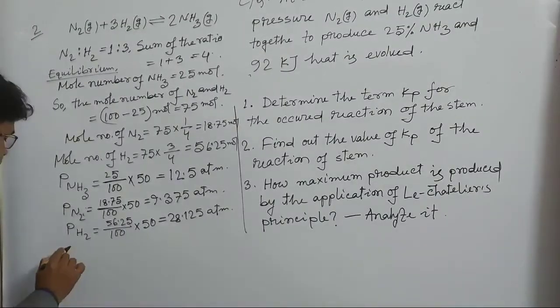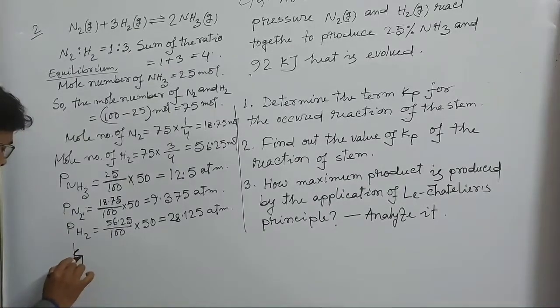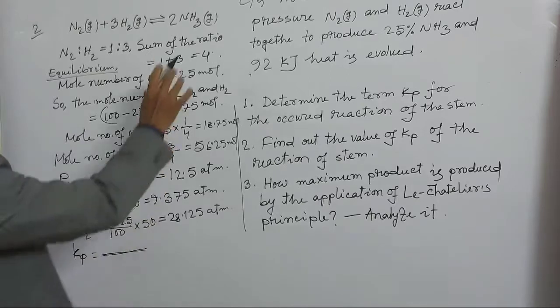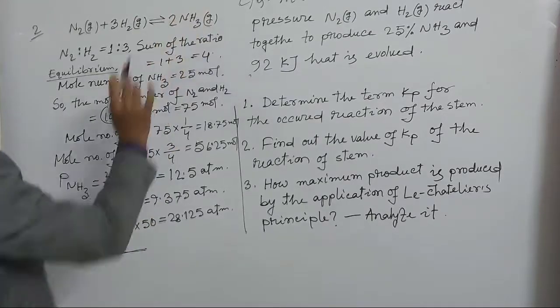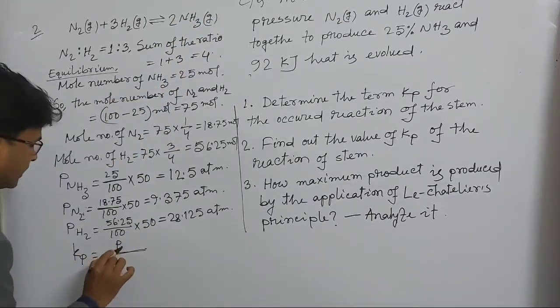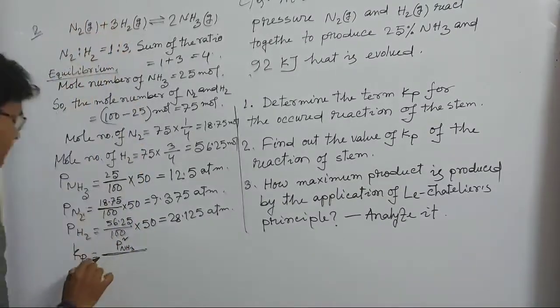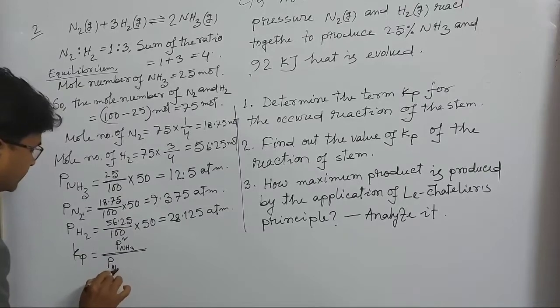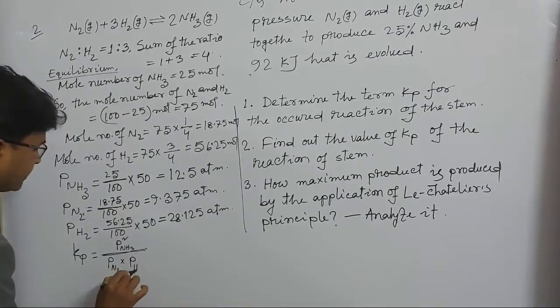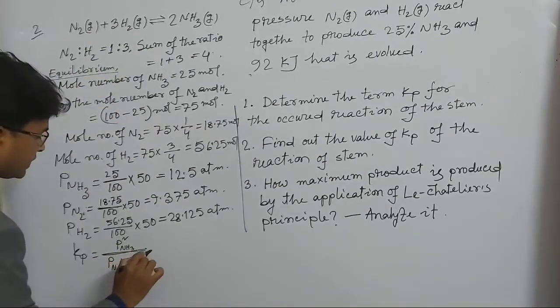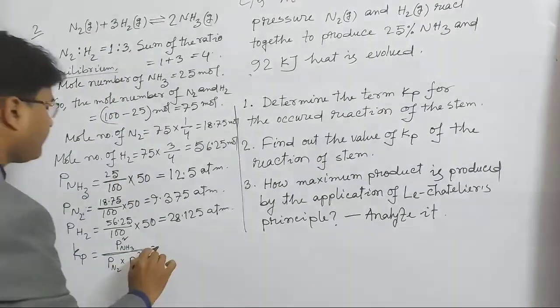Now we can write Kp is equal to partial pressure of the product PNH3 square divided by partial pressure of reactants PN2 into PH2, and the coefficient will be the power. Then I have to put the values.